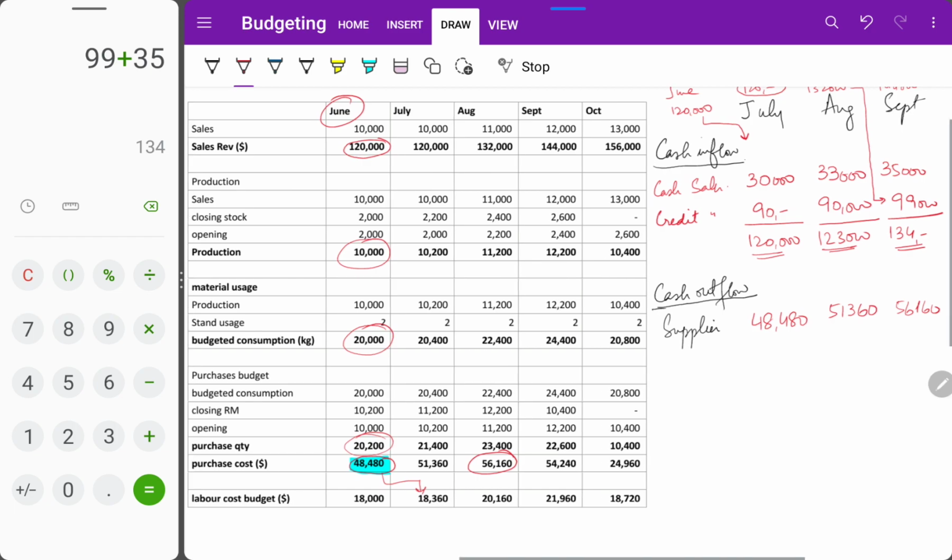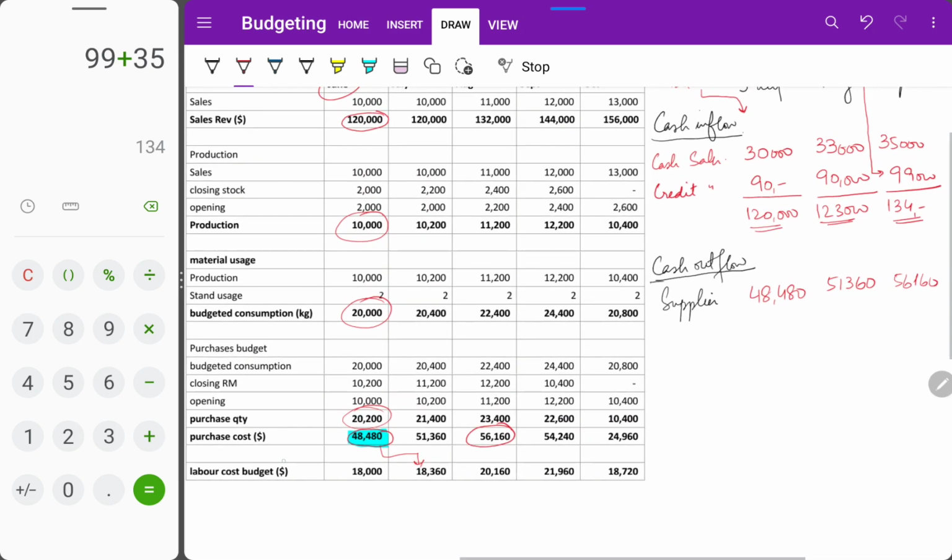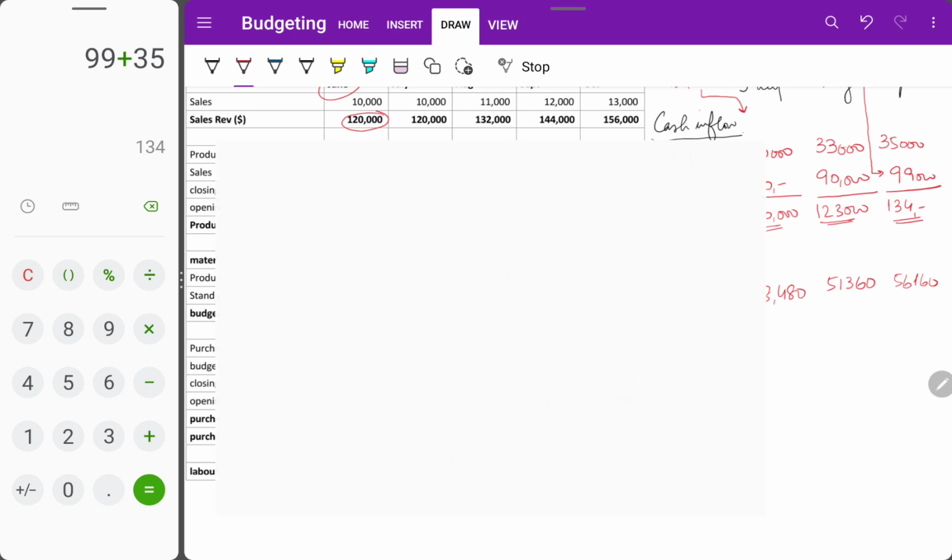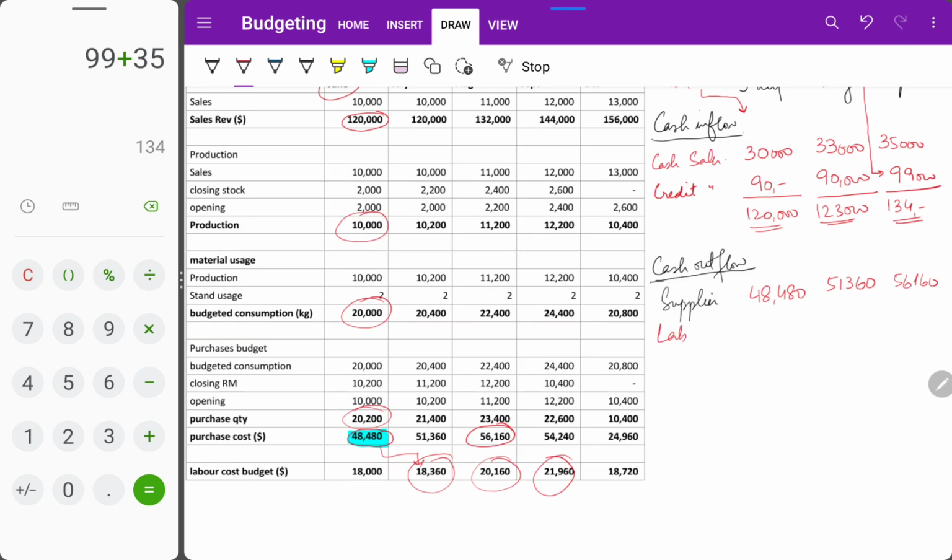Okay, the next payment is to labor. The labor budget is 18,000 and labor will be paid in the same month. So 18, 20 and 21.96. So payment made to labor will be 18,360, 20,160 and 21,960, right?